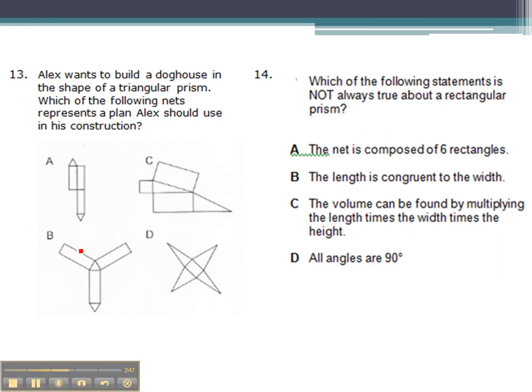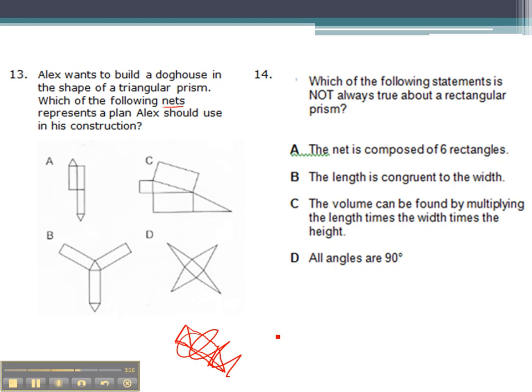Number 13. Alex wants to build a doghouse in the shape of a triangular prism. Which of the following nets represents a plan Alex should use in his construction? So remember, a triangular prism is a prism with two triangles that are parallel and congruent. I have a bad feeling about this drawing.